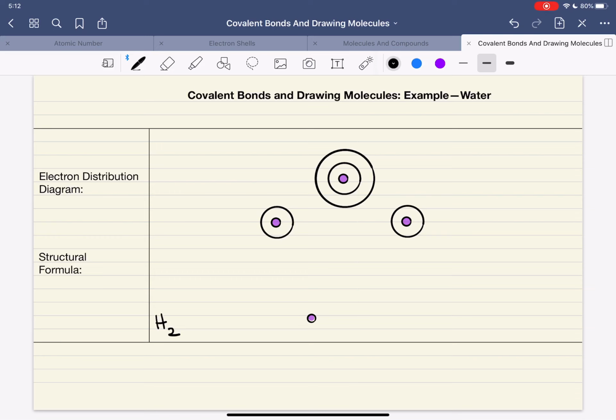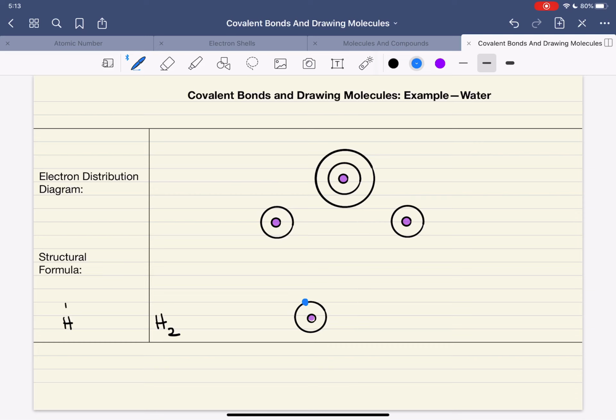Hydrogen's a very simple element. It's atomic number 1, so if you go to the periodic table, you'd see that. What does that tell us? Hydrogen has 1 proton, but also 1 electron. So we're only going to deal with shell number 1, and it only has 1 electron, so we put it right there.